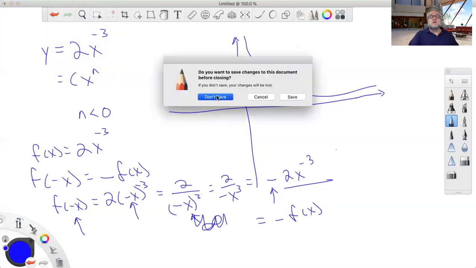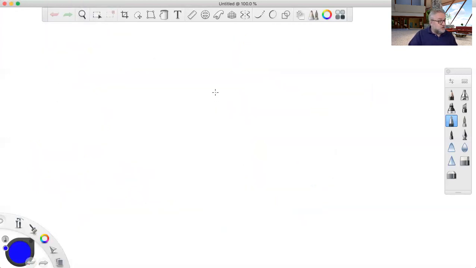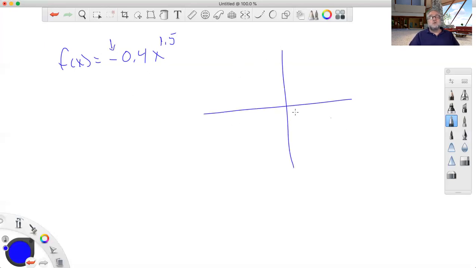These are actually, I think they're relatively easy if you can remember the 4 curves in the top and the 4 curves in the bottom. f of x equals minus 0.4 x to the 1.5. Okay, what's that going to be? Well, let's see. Minus sign means we're going to be in quadrant 4. 0.4, I don't really care about that number.